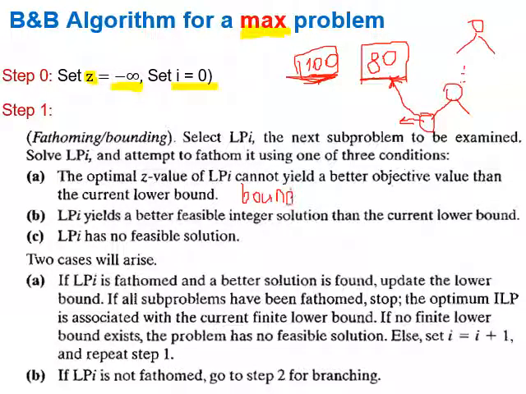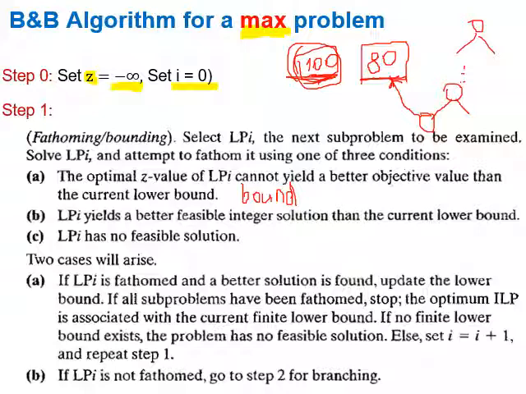So we are deciding not to continue with this node any further because it will not yield a better objective function value than my current best solution. So we fathom this node. Okay, this is the first reason.